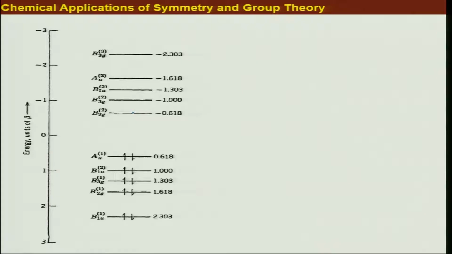The electronic configuration of this existing system, which is the ground state, going from lower energy to higher energy, if I write it down, my situation will be B1U. Now I will use a different symbol.